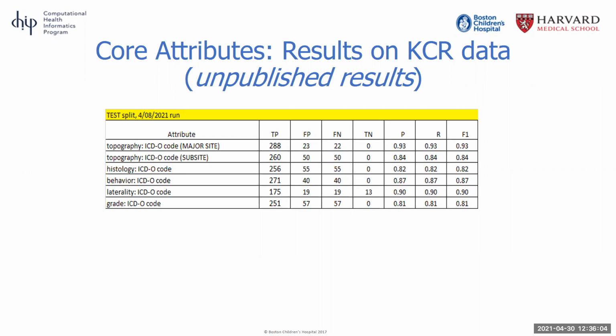What I'd like to highlight is that grade is very challenging to actually extract, for various reasons. There is a lot of variability in the language, and also there are lots of abbreviations in how grade is encoded in the clinical notes. So these are very, very good results.